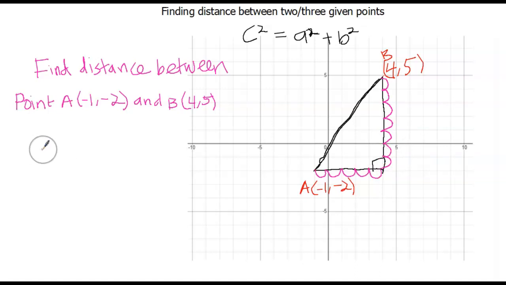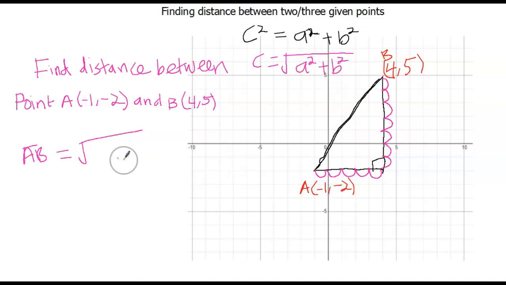So we are looking for our length AB, which is just a square root. When we are looking for c, it's just the square root of a squared plus b squared.